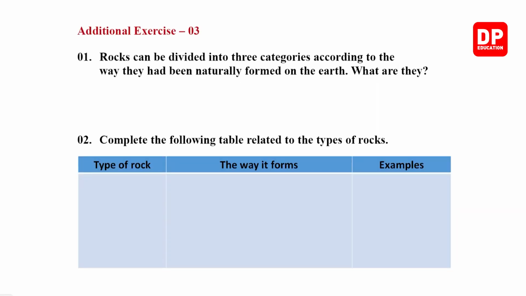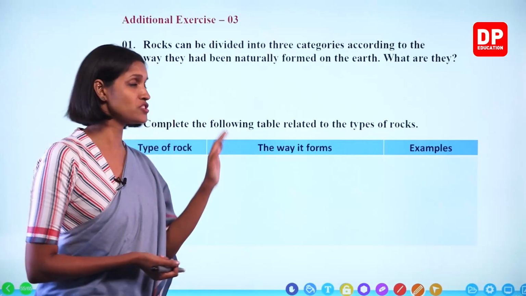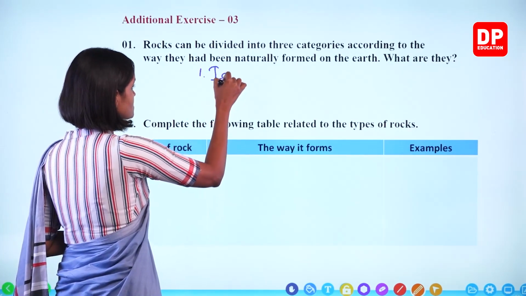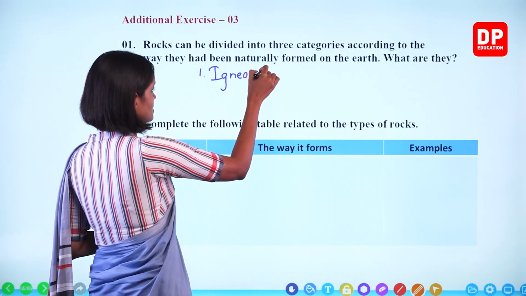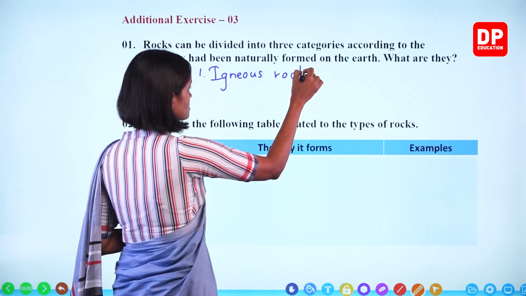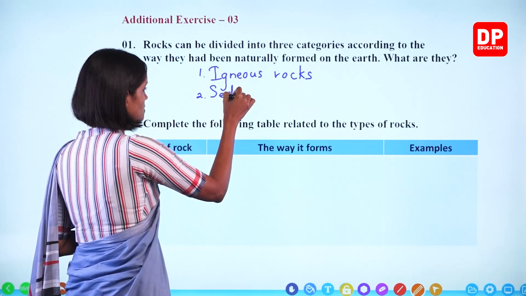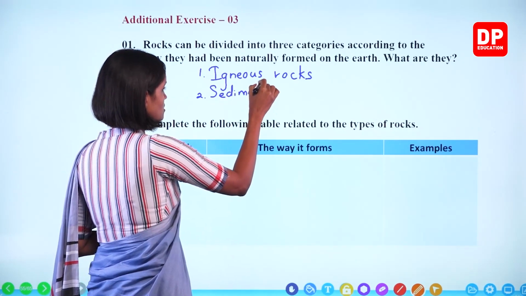Okay. Exercise number 3. Question number 1. Rocks can be divided into 3 categories according to the way they had been naturally formed on the earth. What are they now? This is very easy. What are they? Let's write. Igneous rocks. Sedimentary rocks.